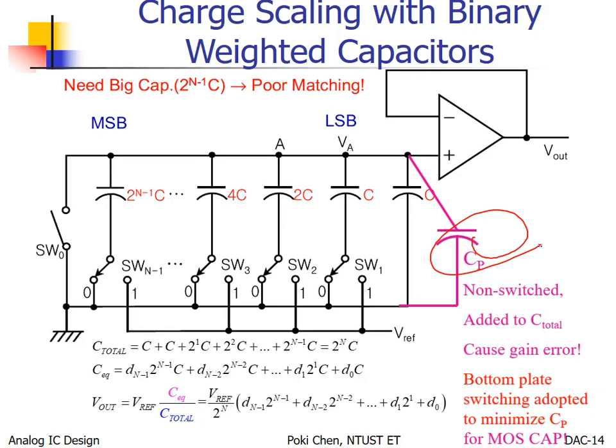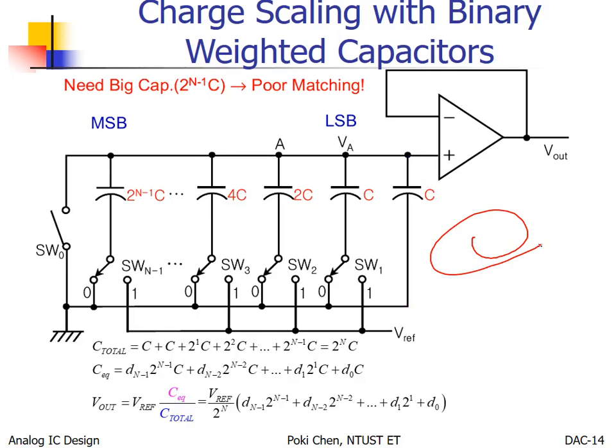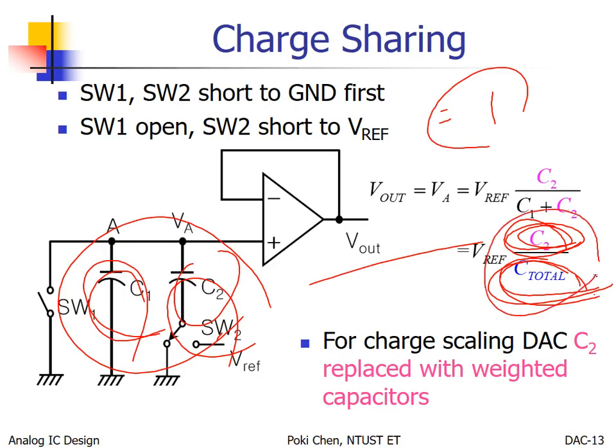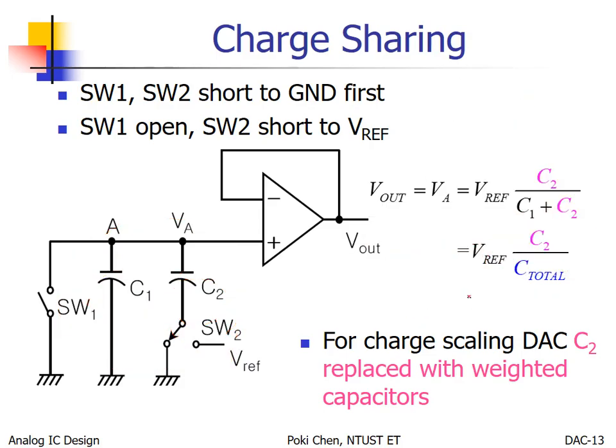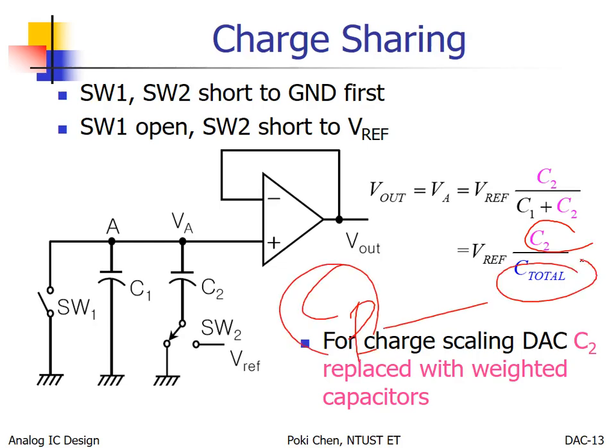According to this one, right, again, here, for all those capacitors can be switched. Can CP be switched? No. So, it will be counted to C total.